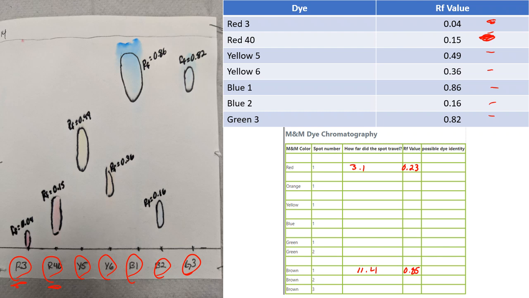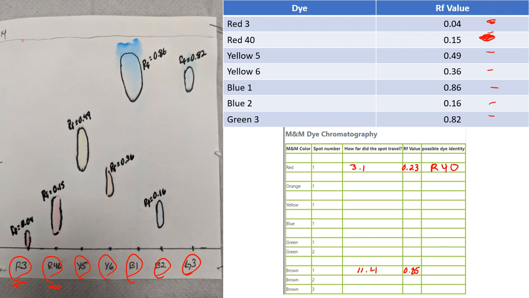Well, the 0.23 is certainly much closer to the 0.15, and the red spot that I see resembles the red spot from the M&M much more closely. So I'm going to suspect that that one is red 40.